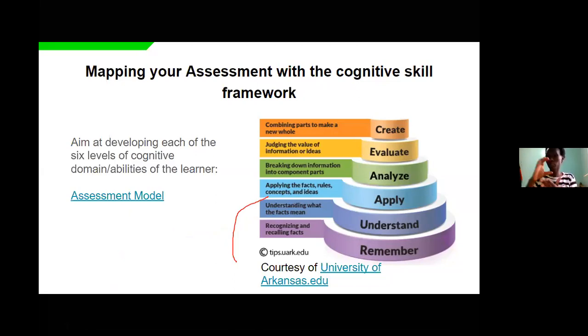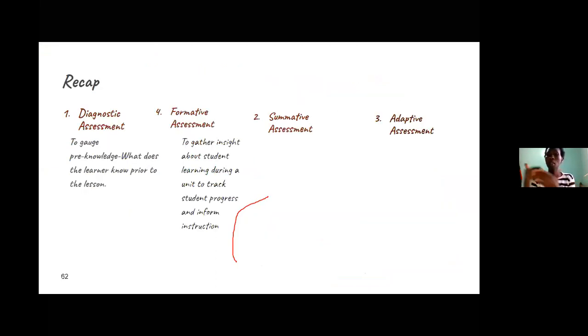Let learners apply, analyze, evaluate, and create. Let them use the knowledge they have gained to make something new. And finally, looking at the recap: diagnostic assessment, formative assessment, the importance of summative assessment, and then adaptive assessment.